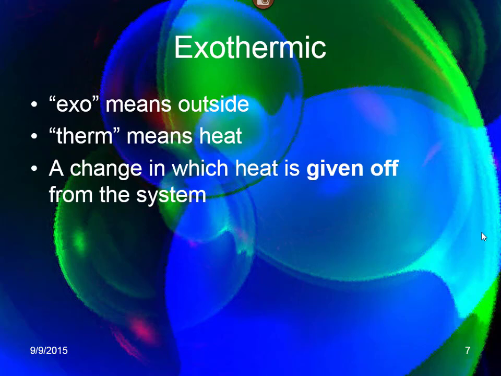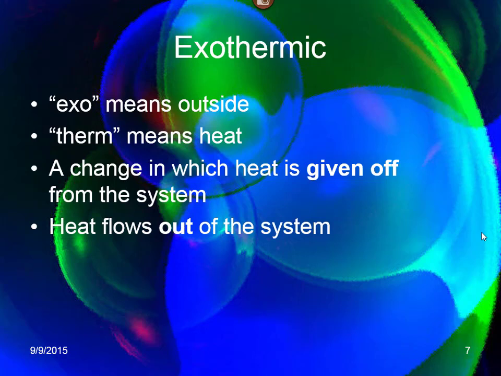Exothermic changes are those in which heat is given off from the system. Another way to say that would be heat flowing out of the system. Heat is given off, heat is exiting, heat is flowing out.